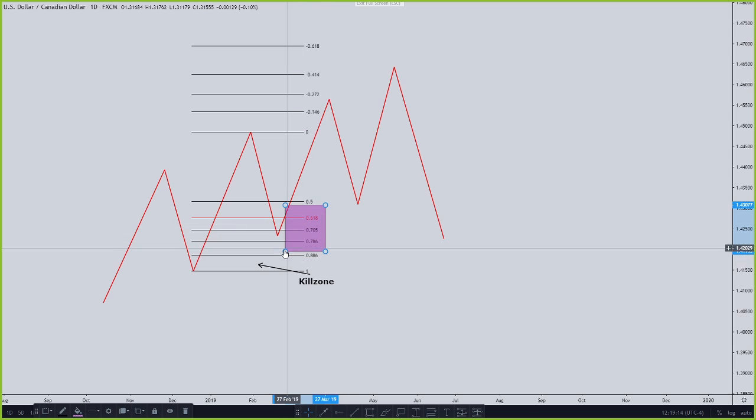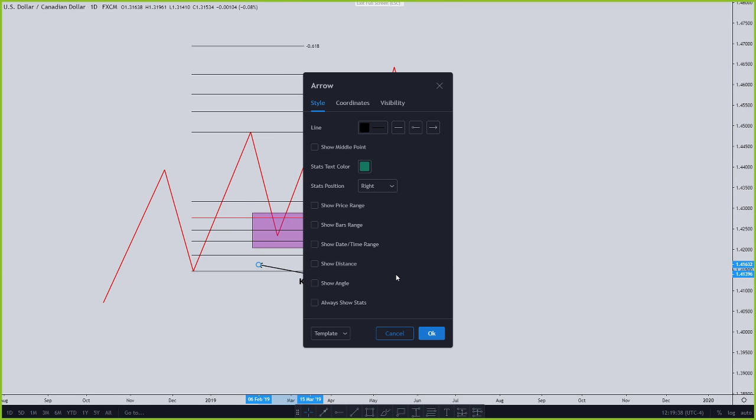That kill zone retracement before that next expansion to the upside. And once again, we're looking for buys in the kill zone, and then our take profit would be somewhere within these negative numbers up here. Okay, and again, it's just rinse and repeat.